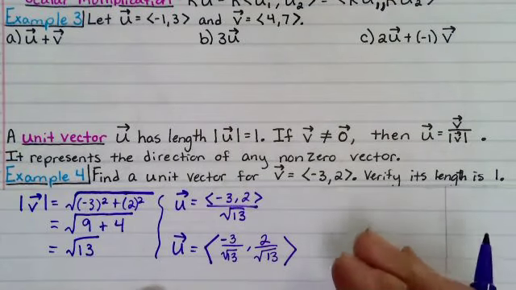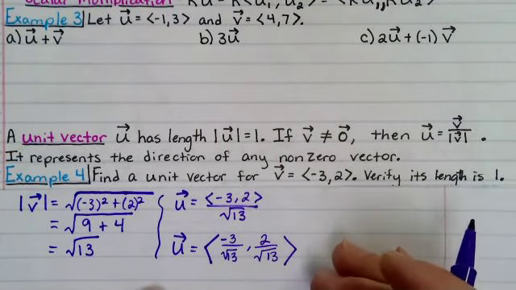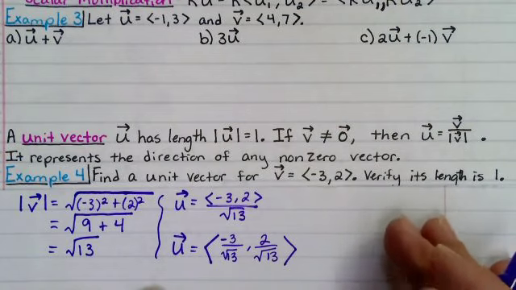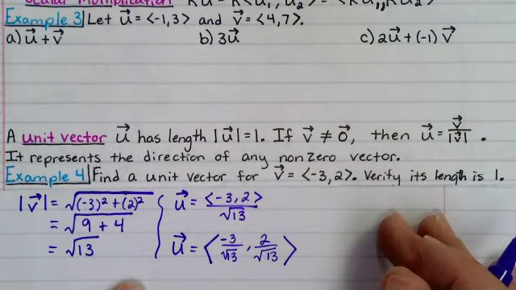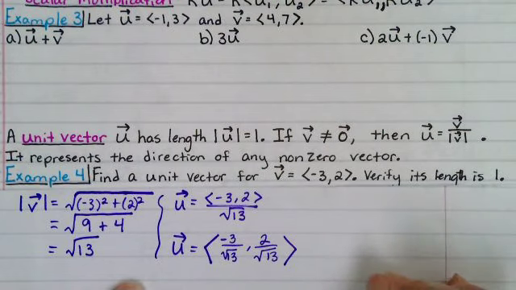If you needed to rationalize it, you could. I'm just going to leave it like this for now, but you definitely could rationalize it if you needed to. Okay, so if you had multiple choice answer options and you saw they're all rationalized, you could do that. But this is fine for an open answer.